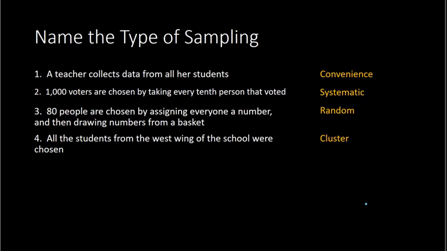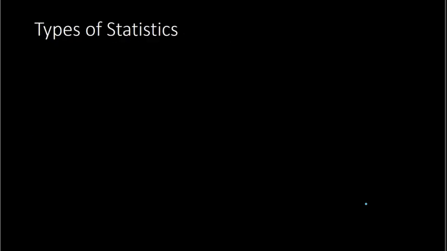So now we have determined the types of sampling. Now we need to determine the types of statistics. So there are many different types of statistics. Remember, these are measurements that are collected from a sample. All right, so let's say we received information from a sample, and the numbers that we collected, whatever they might refer to, are 5, 10, 8, 8, 7, 12, 14, and 16.